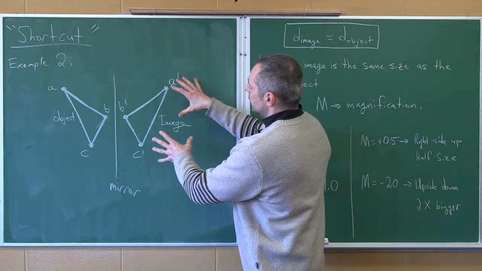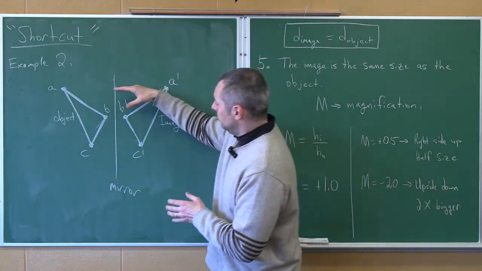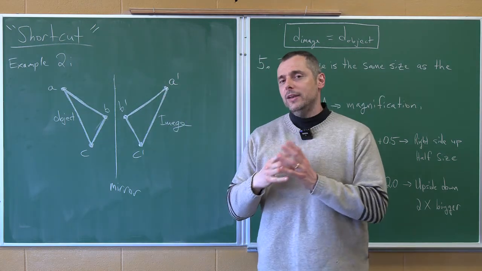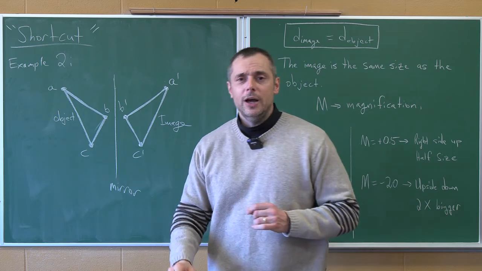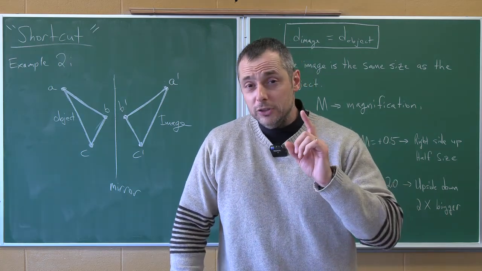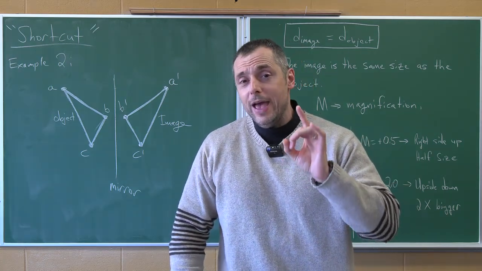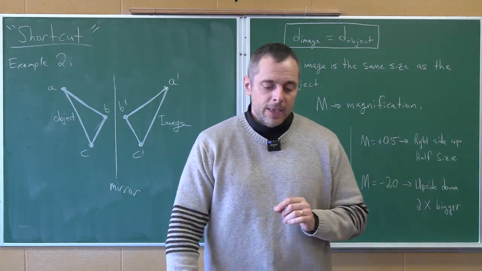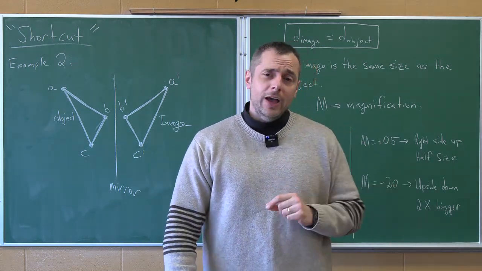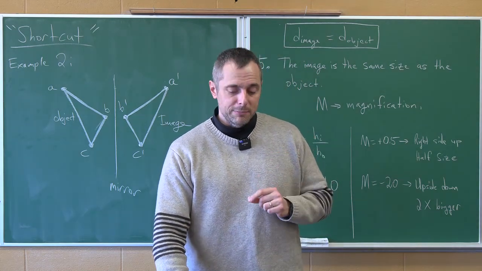And then this shortcut, instead of ray tracing, we could just go directly to measuring to find the images. So make sure you can do at least the shortcut, at least be able to trace 1 ray accurately reflected in a mirror. That's part of the Regents curriculum. And then look over those 5 concepts about images in plane mirrors.